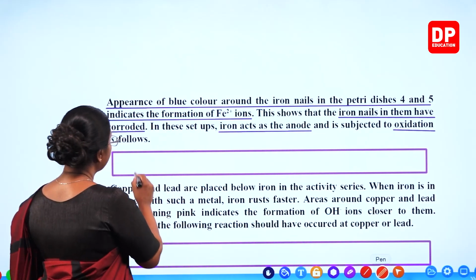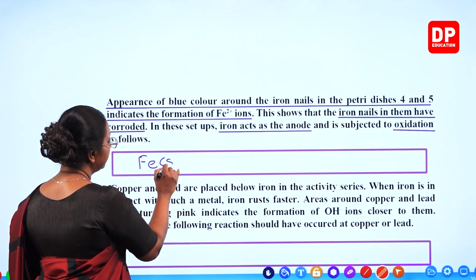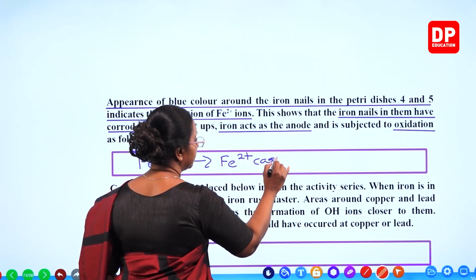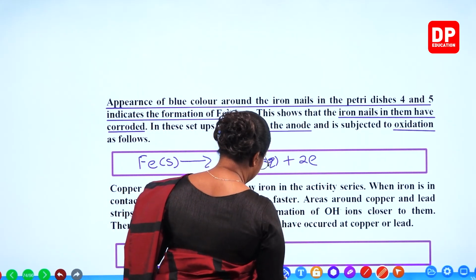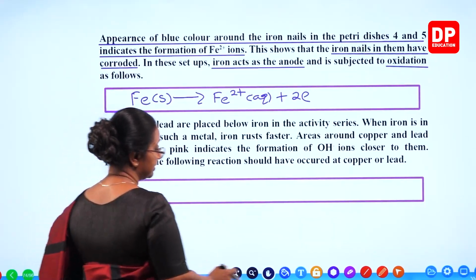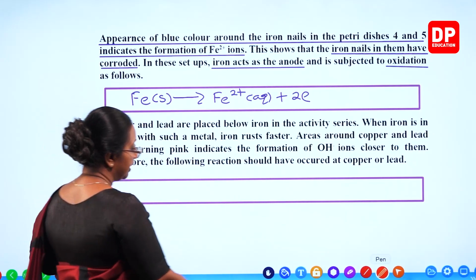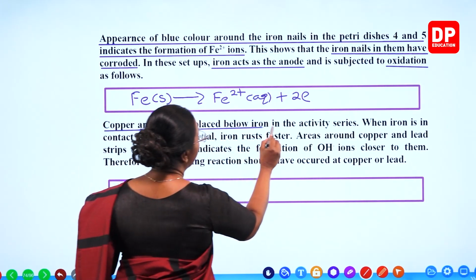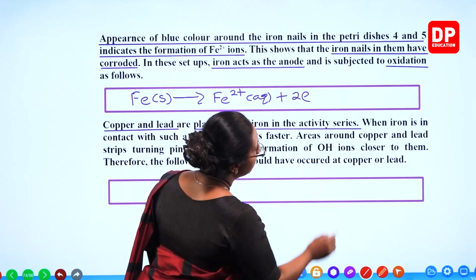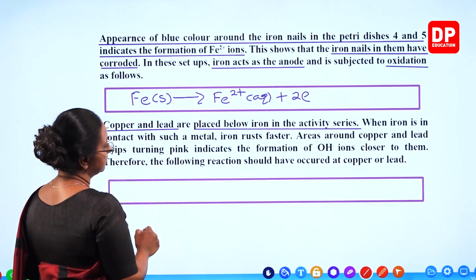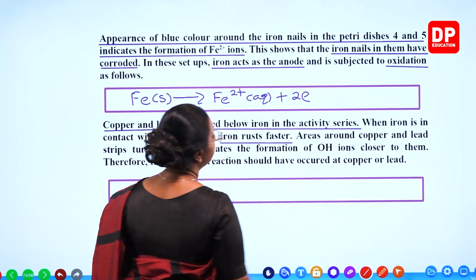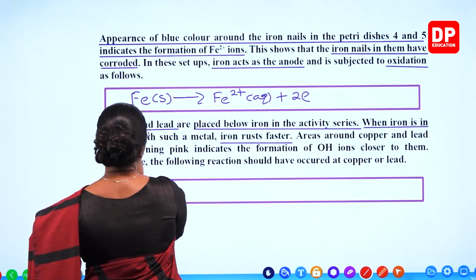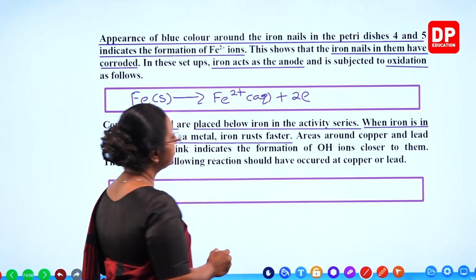So, if we write the reaction, Fe(s) becomes Fe2+(aq), losing 2 electrons. So, iron is the anode there. Then, you can see copper and lead are placed below iron in the activity series. When iron is in contact with such a metal, iron rusts faster. That is very important.